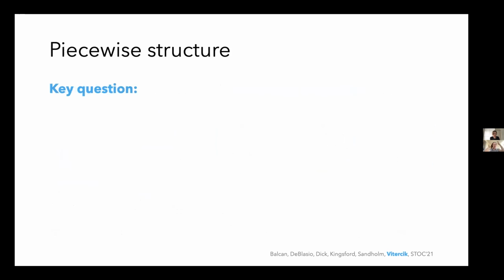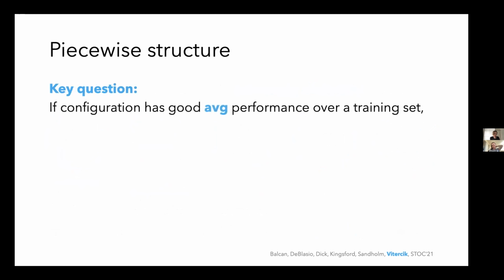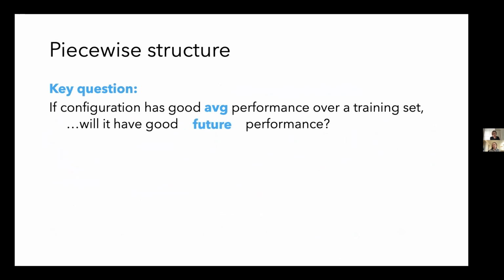So let's remember the key question we're trying to answer in this talk, which is fundamentally, if a configuration has good average empirical performance over a training set, can we guarantee it will also have good expected or future performance?